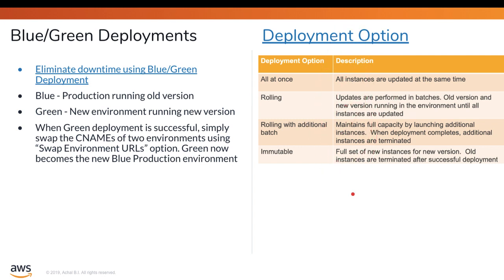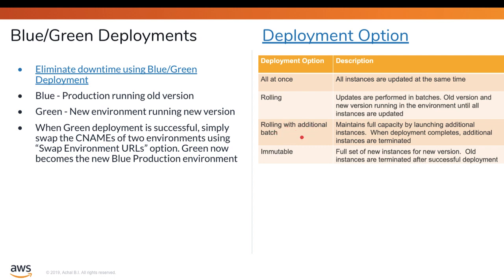EBS. The options are like all at once, where all instances are updated at the same time. There is also rolling, where each instance is replaced one by one and updated. There is also rolling with additional batches.